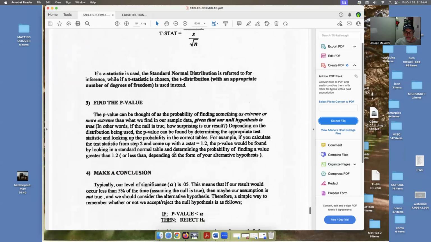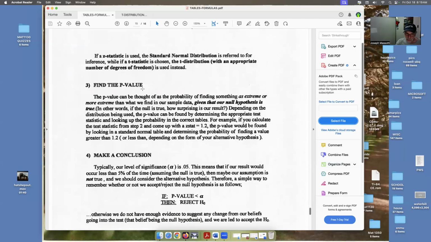And then we're going to find what we call a p-value. If you read this through, this is going to be the probability of finding something as extreme or as surprising or more surprising than what we find in our sample data, given that the null hypothesis is true. So basically, again, go back to the jury, the trial by jury.